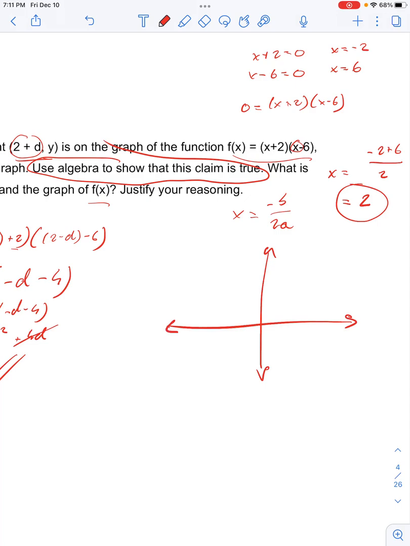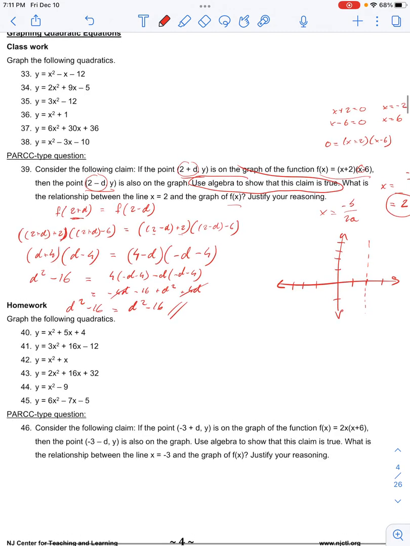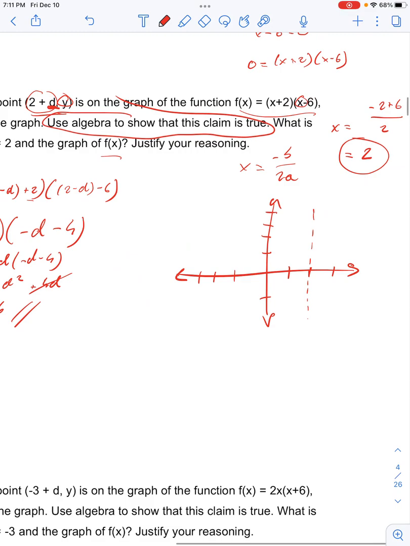So this means that my function is completely symmetric around the line x = 2. And so this is why when we plug in a value that is offset by the same d in each direction, we get the same resulting y value. So if we try to draw this out, I'm not going to sketch the exact function, but it's the generalization.